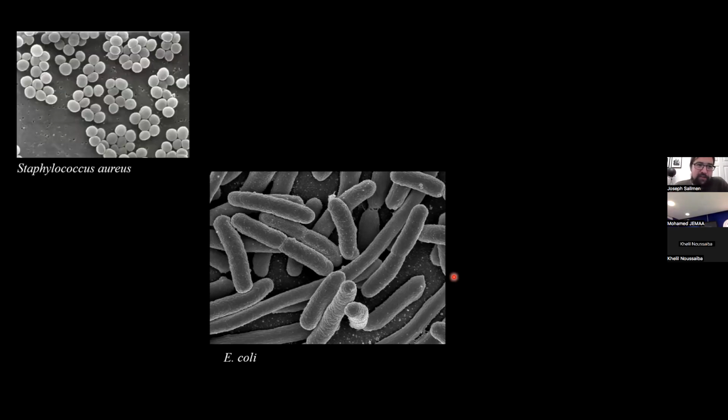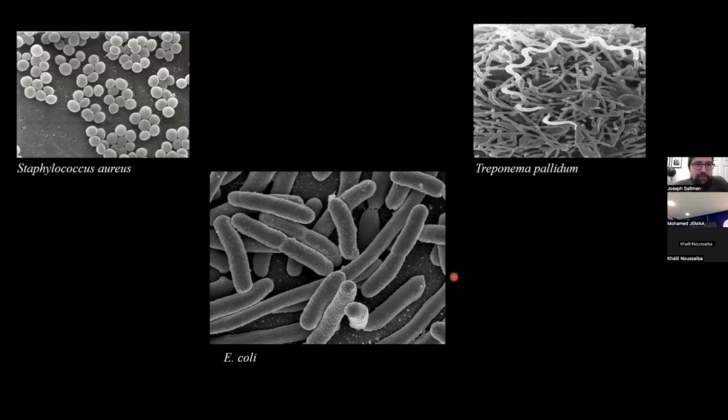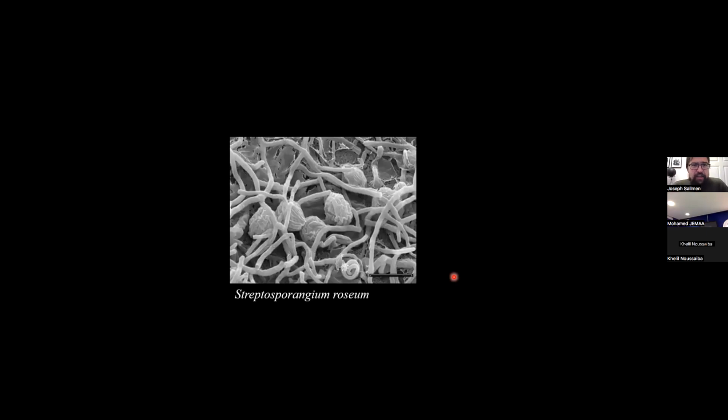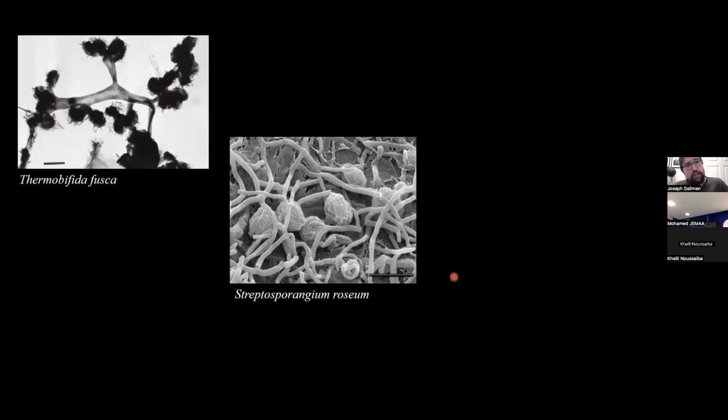Because even in the most basic sense, you have different shapes and sizes that you're familiar with. Maybe you've heard of Staphylococcus aureus or Treponema, which make up the classic trio of bacterial morphologies. But bacteria really encompass a wide range of shapes, lifestyles, and morphologies.